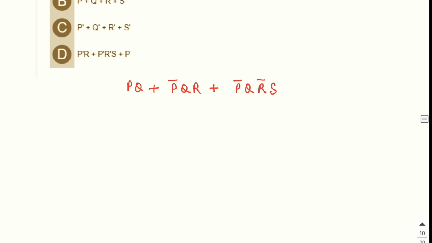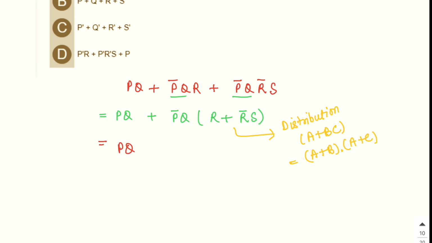Let's see if there is anything that is common. You can see P bar Q is common in the second and the third term. So we can take this common, and we'll say R plus R bar S. Now you can apply the distribution theorem over here: PQ plus P bar Q, (R plus R bar) and then (R plus S).